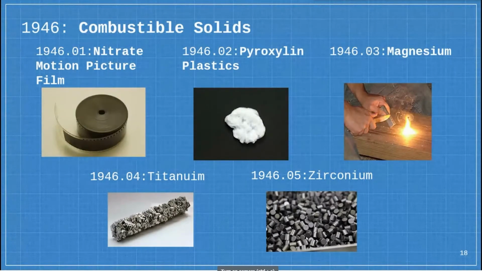Fourth one is the titanium. Titanium powder is flammable and highly combustible. Pag nasunog yung titanium, para daw mapatay yun, gumamit ng dry chemical, sand, or lime. Huwag daw gagamit ng water sa pagpatay ng burning titanium, as an explosion may occur.